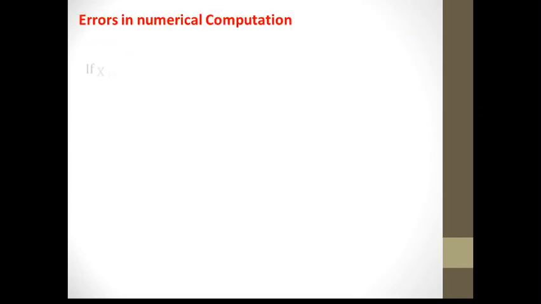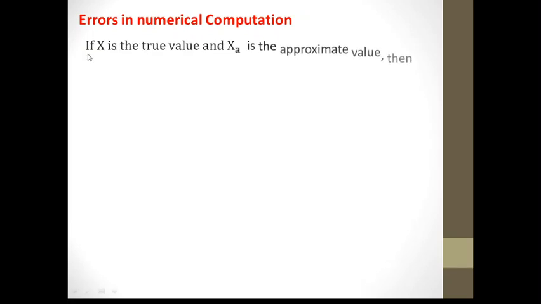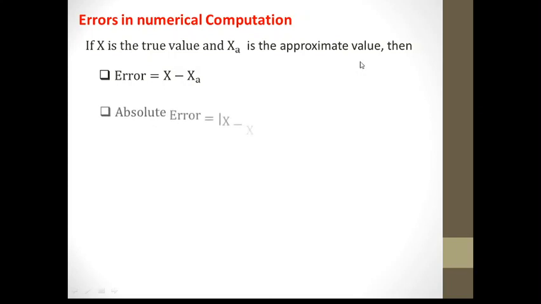Now let's look at the errors in numerical computation. Here we will first define certain quantities. If x is the true value, say, and xa denotes the approximate value, then the difference of the true value or the correct value and the approximate value is called error. If I consider its absolute value, then it's called absolute error.